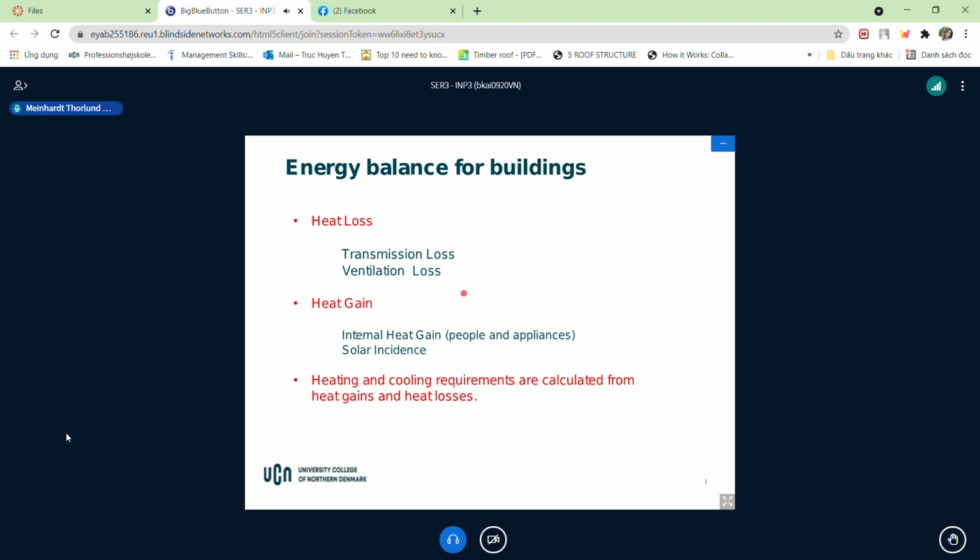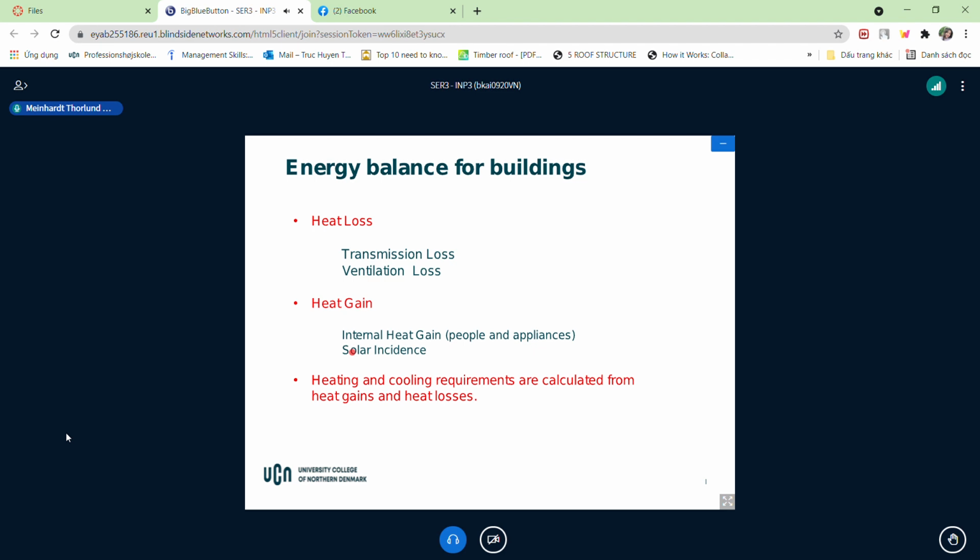So basically, transmission loss and ventilation loss will be the heat loss. And when I say ventilation, it's both the mechanical ventilation, but also the infiltration part. The transmission is heat loss through the envelope.